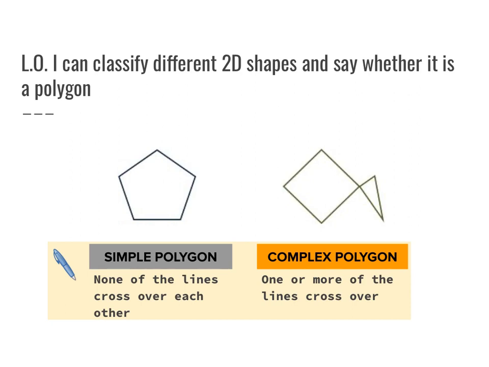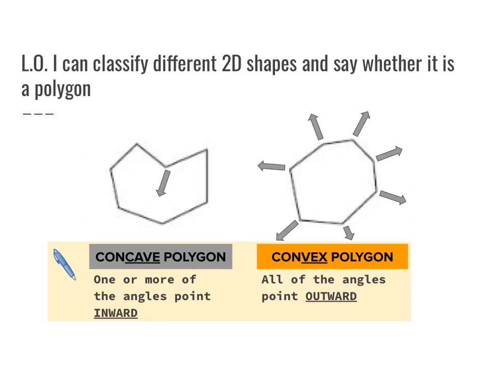A simple polygon means none of the lines cross over each other. Whereas in a complex polygon, one or more lines cross over. A polygon can also be concave or convex. A concave polygon is where one or more of the angles point inward, whereas in a convex polygon, all of the angles point outwards.